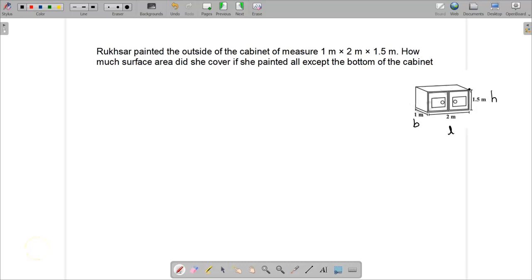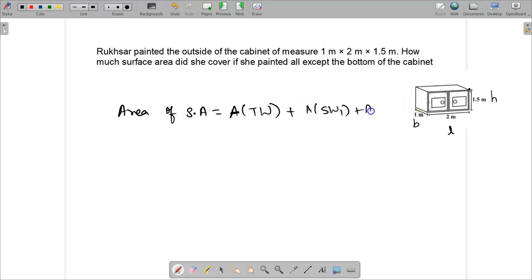So coming to the problem, except the bottom of the cabinet, the other 5 faces we need to paint. The total surface area is given by the area of the top wall plus the area of the 2 side walls, side wall 1 plus side wall 2, and then the area of the front wall and the area of the back wall.